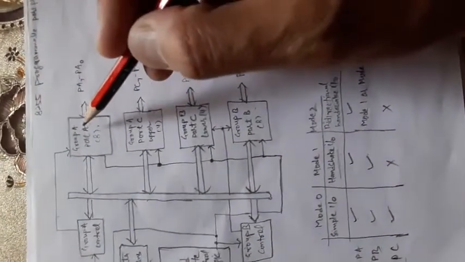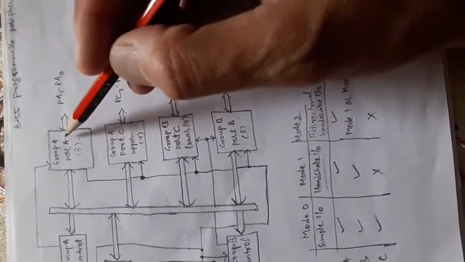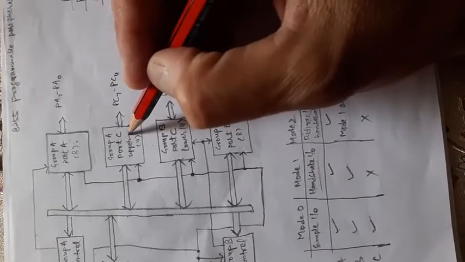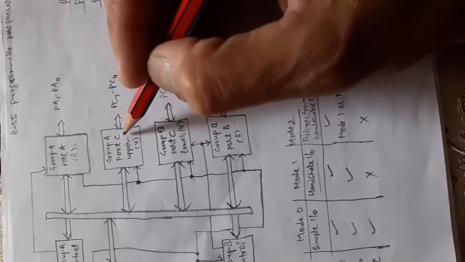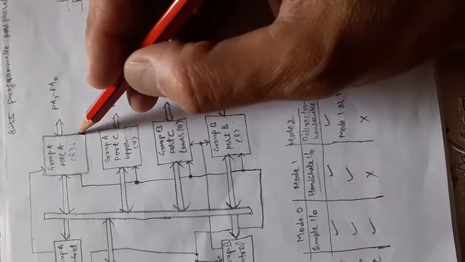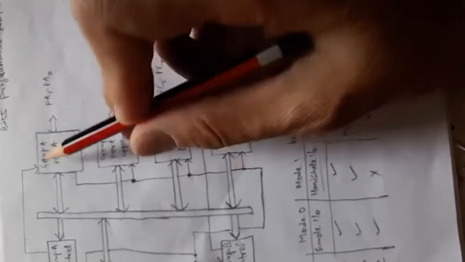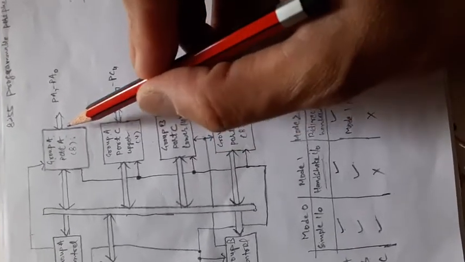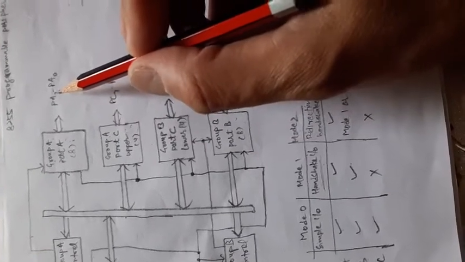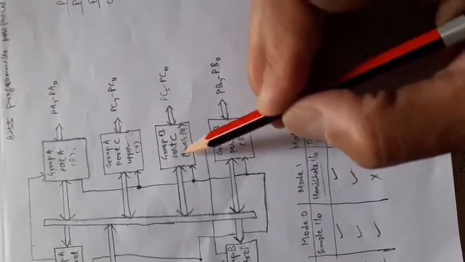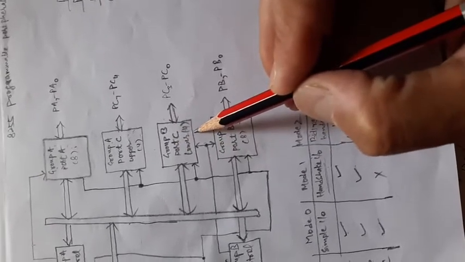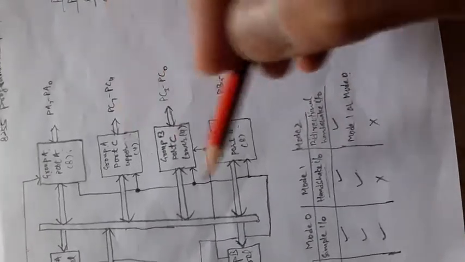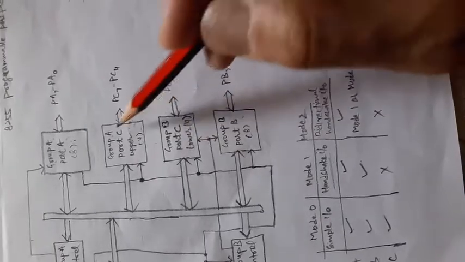Whenever port A works in mode 1 and port B also works in mode 1, the upper 4 lines of port C will perform handshaking with port A. That's why I have kept them in group A. And the lower 4 lines of port C will perform the handshaking when port B is in mode 1. So that's why this port is divided into 2 parts.